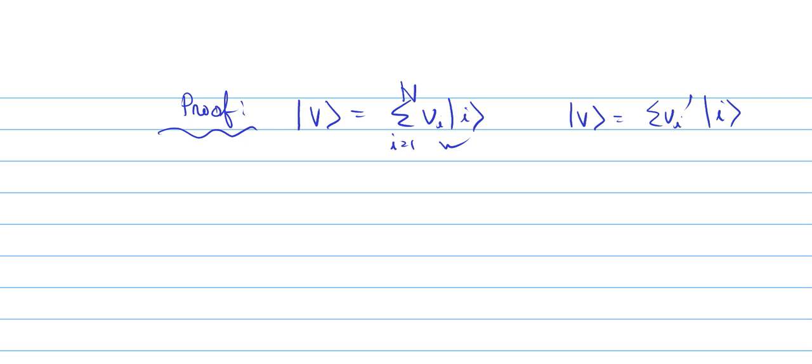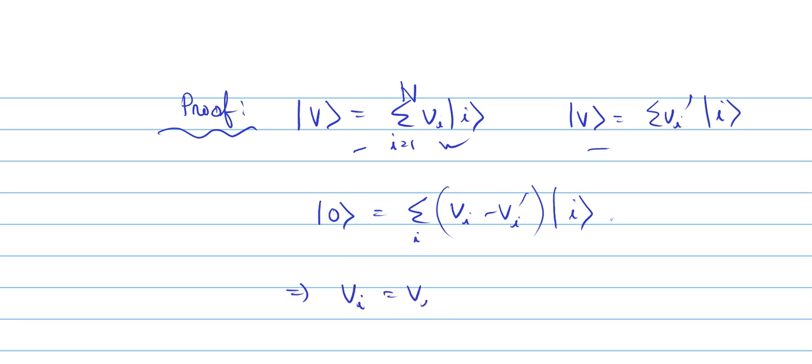If I subtract this from this, I will get a zero vector, the summation of vi minus vi prime times my basis vectors. From this, we conclude that vi and vi prime must be equal. Hence, our theorem is proved. In a basis, we cannot expand our vector in any other way.